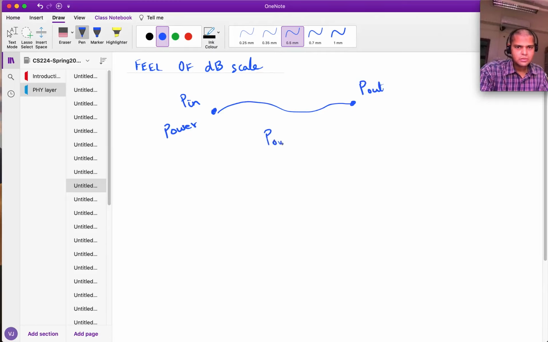And let's say that I told you that the output power is half of the input power. So half of the power has dissipated on the way, let's say in the resistances and so on, and only half has reached the output. So what is the attenuation in dB?